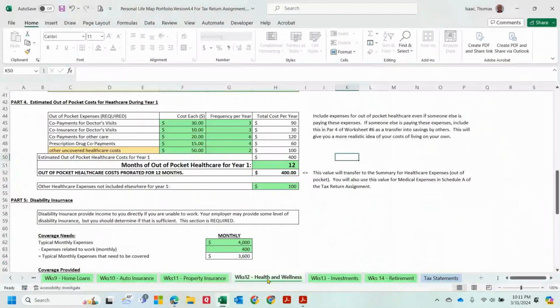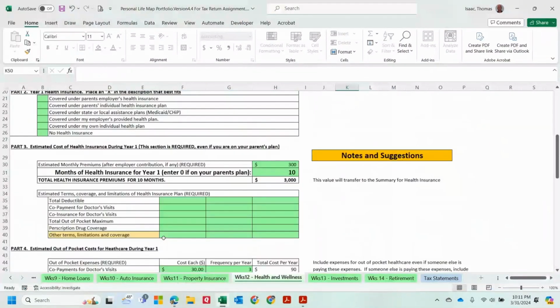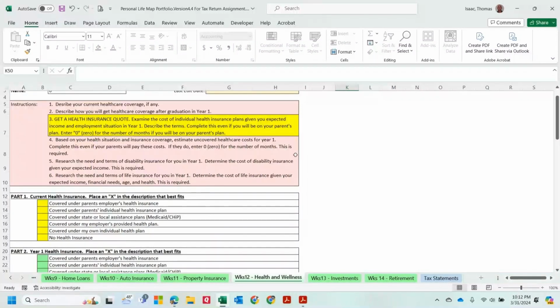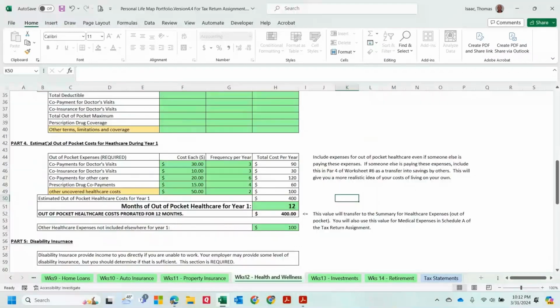You will not receive anything from employers or doctors or anything like that that's going to have any of this information. You have to keep receipts if you're going to be able to take a deduction for your medical expenses. But for our purposes for this assignment, you're going to go back to worksheet number 12, down to part 4, and look at your estimated out-of-pocket healthcare costs for year 1.